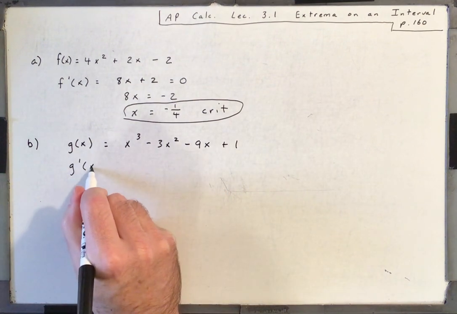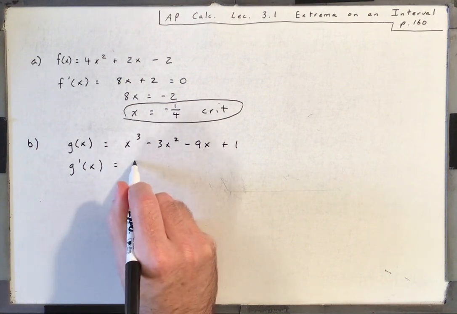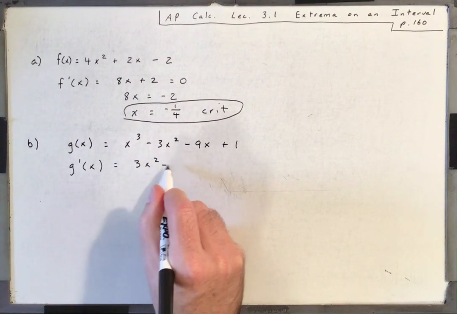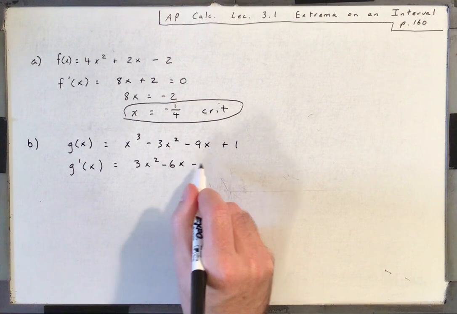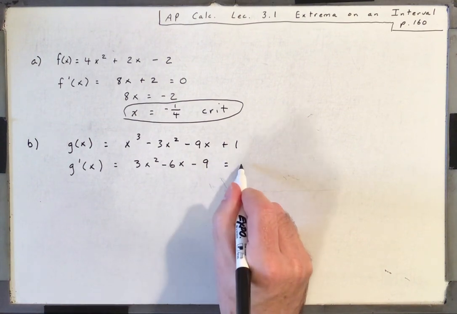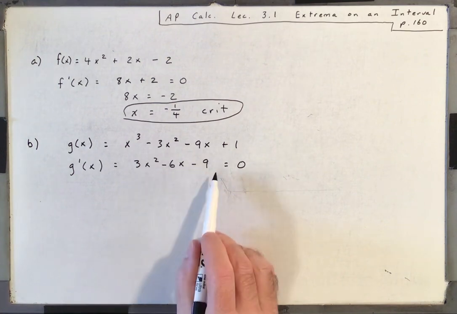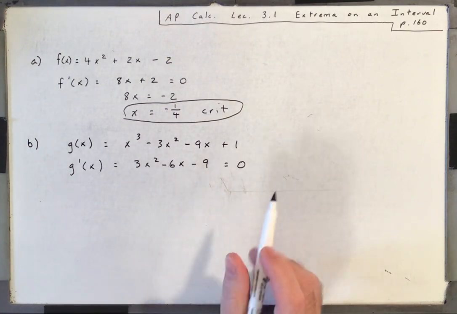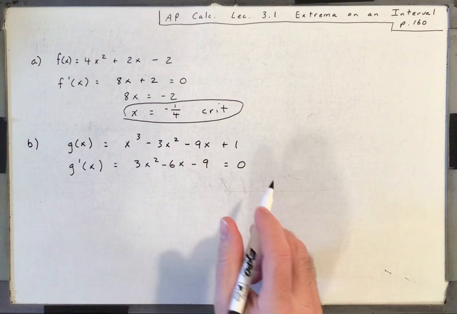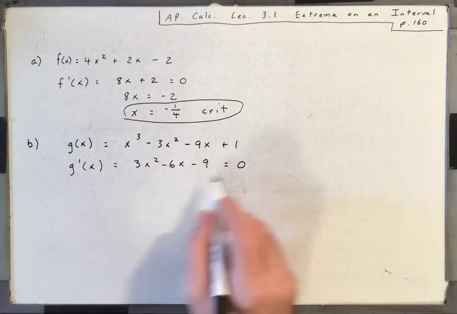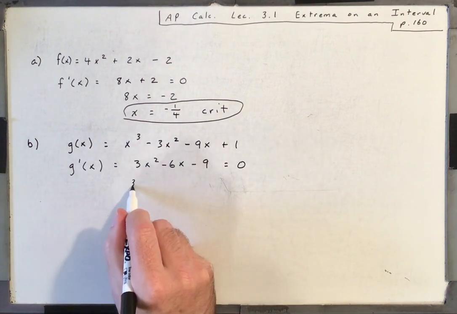G prime of x is equal to 3x squared minus 6x minus 9. And set that equal to 0. We could go ahead and factor this trinomial, but it's probably going to be easier to factor a 3 out of both sides. So divide both sides by 3.